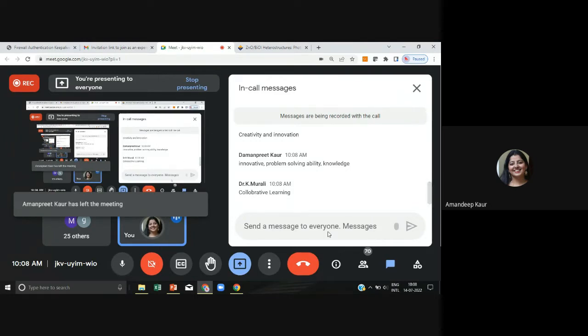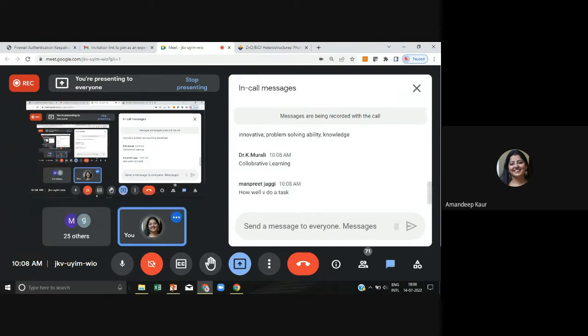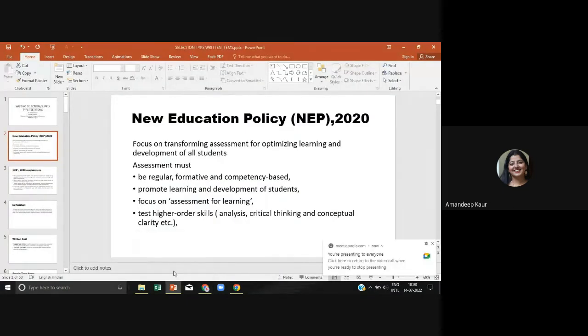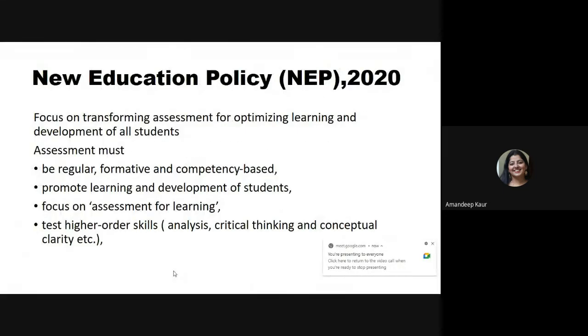So when it comes to developing competency among today's learners, and it is being said that assessment must be regular, it means whenever the teacher is designing the assessment practices, whatever input has been provided by all of you, you said creativity and innovation. It means when you are designing statements for assessment, creative and innovative statements also need to be there.